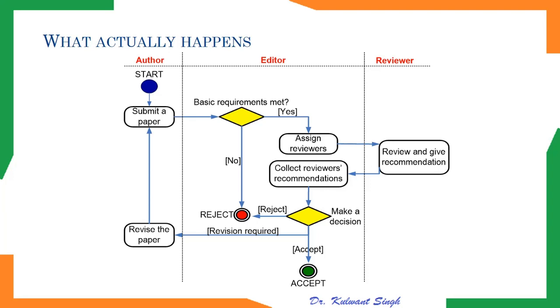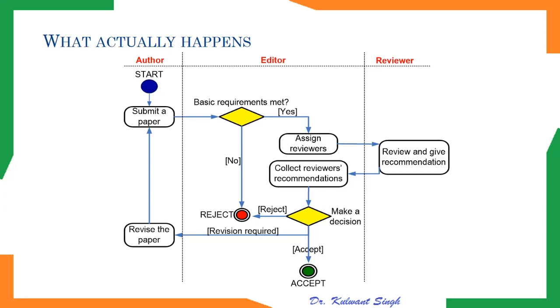Suppose our paper has all the essential formatting, language, or other requirements of the paper, then the editor invites the reviewers, and once the reviewer accepts the invitation of the editor to review our article, the paper is sent to the reviewer.